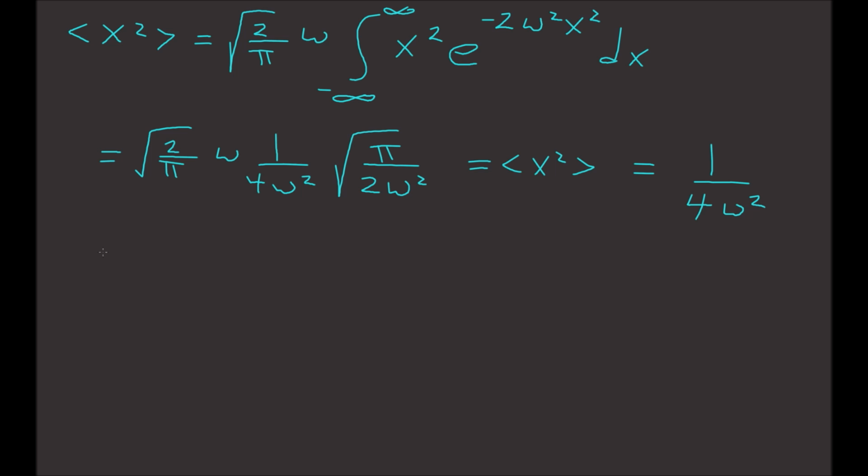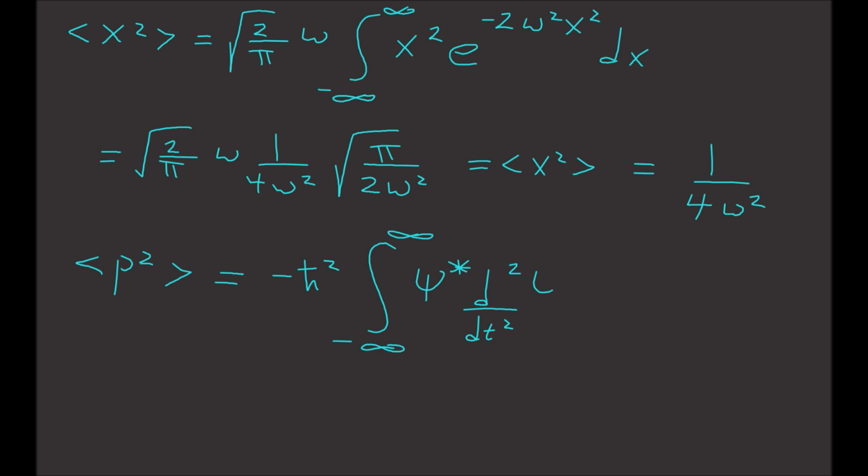Nice. So now we have to find the expectation value of p squared, and that is the same as minus h bar squared times the integral from negative infinity to infinity of psi star times the second derivative of psi dx. So first we need to find the second derivative of psi, stick it into the integral and evaluate.